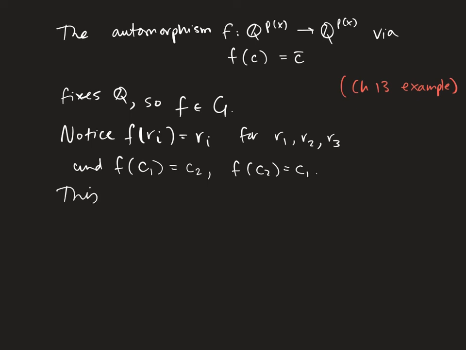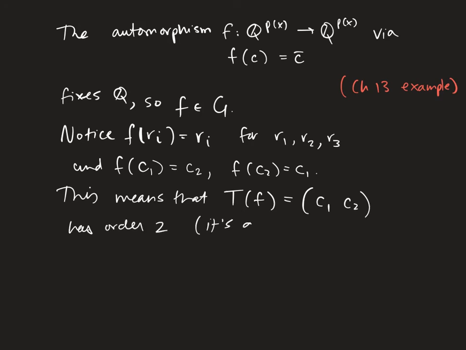This means that T of F is the 2 cycle that sends C1 to C2, and it fixes R1, R2, and R3, and we know that this is a 2 cycle, so it's got order 2. Right? It's a 2 cycle.